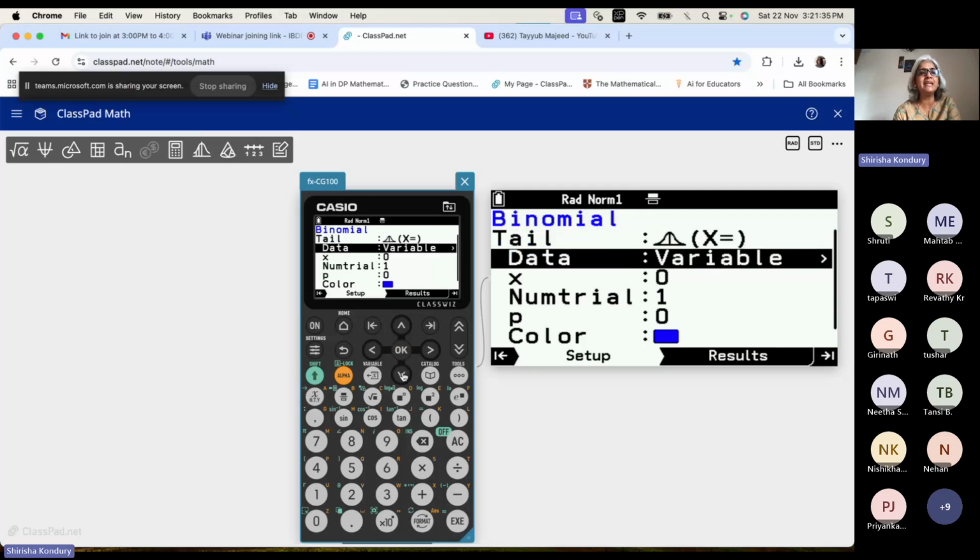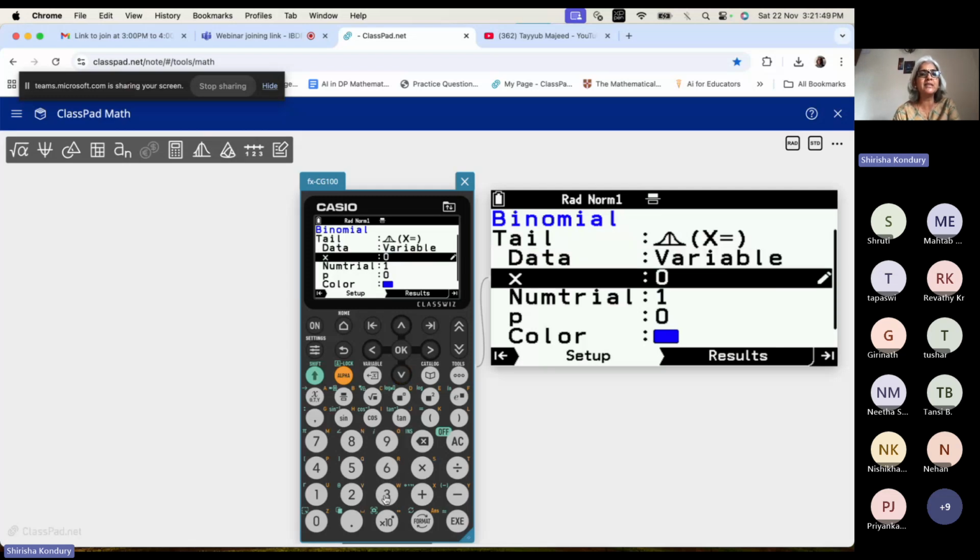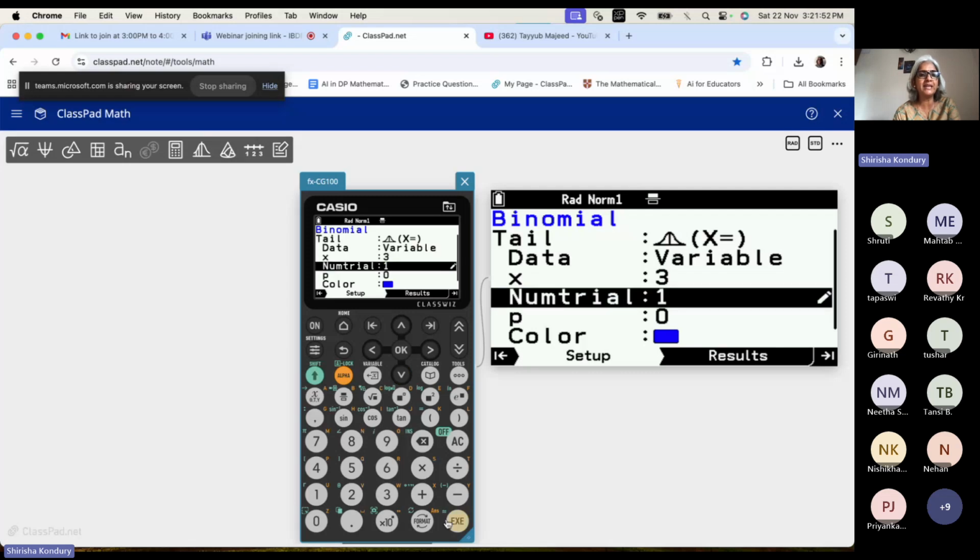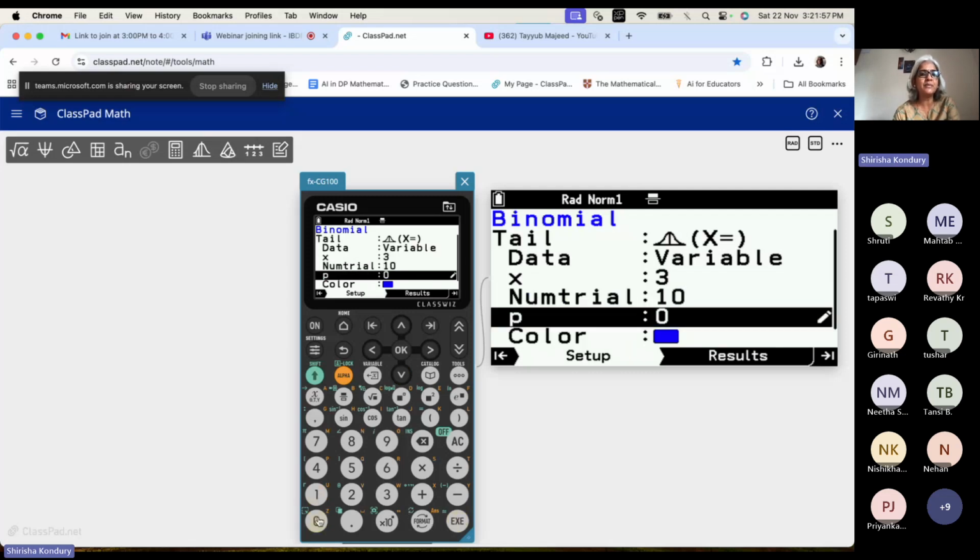What do I have? Do I have data in the list? No, I have a variable only. But I can also have a list. Usually in IB questions, we have not seen binomial probability with lists coming in, but that's an option that you have on the calculator. So I want 3 successes. How many trials do I have? 10. That's what the binomial distribution said. And the probability of one success is 0.4.